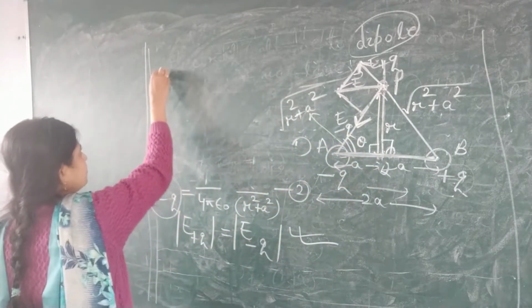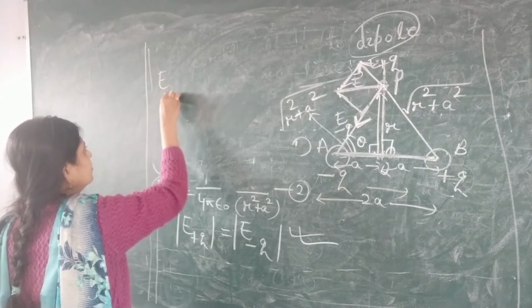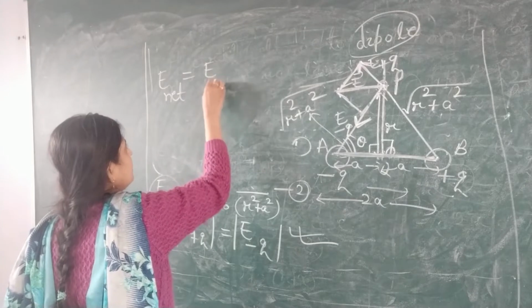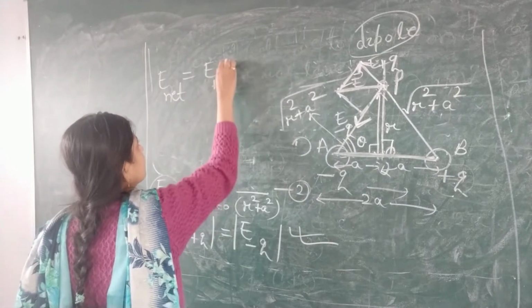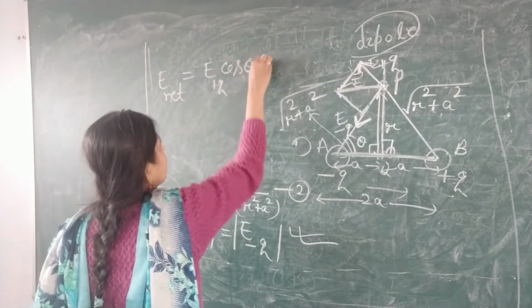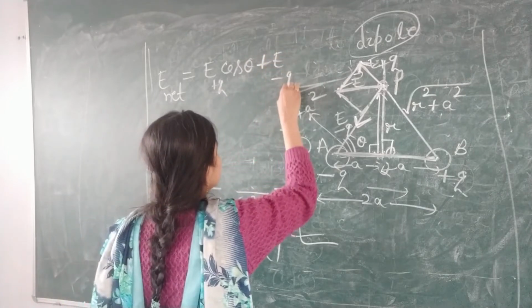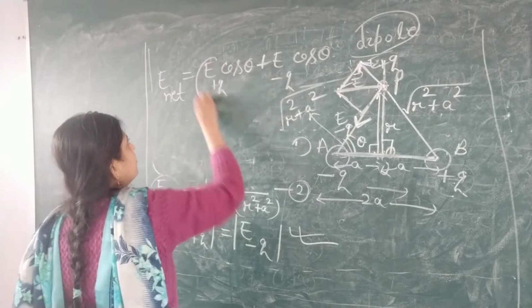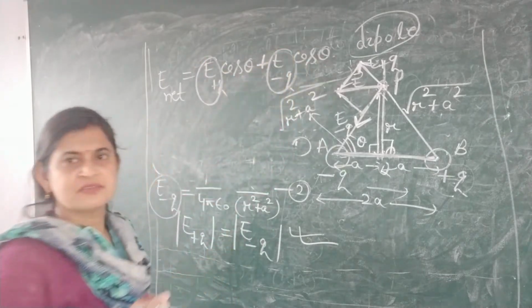So we can write E net or E total is equal to E cos theta plus E cos theta, but the magnitudes of these two are the same.